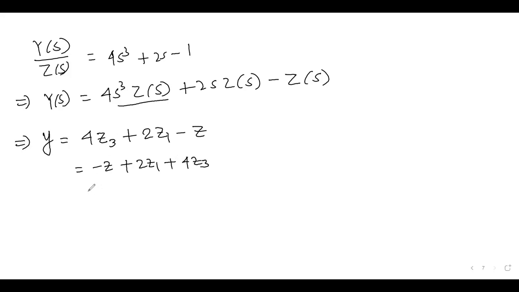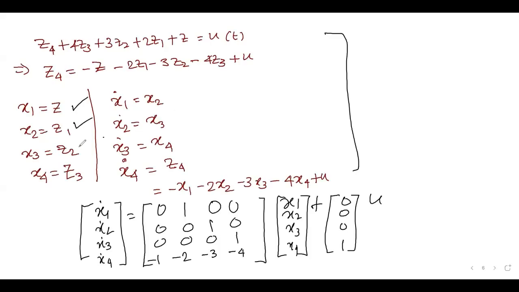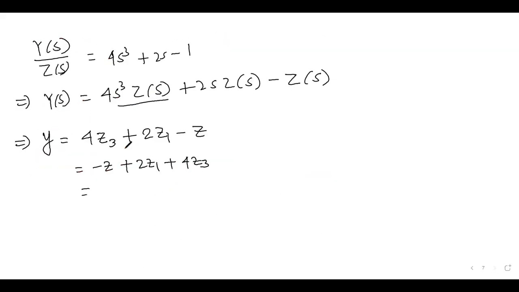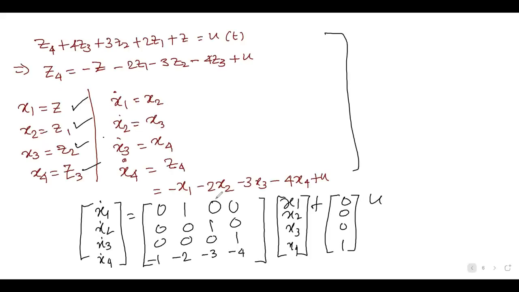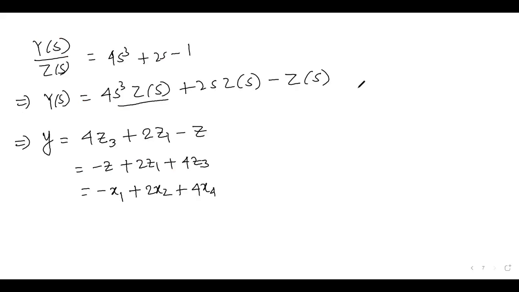Okay, what does z mean? z means x1 and so on, so this is minus x1 plus 2x2 plus 4x4. Is it clear? Yes sir.